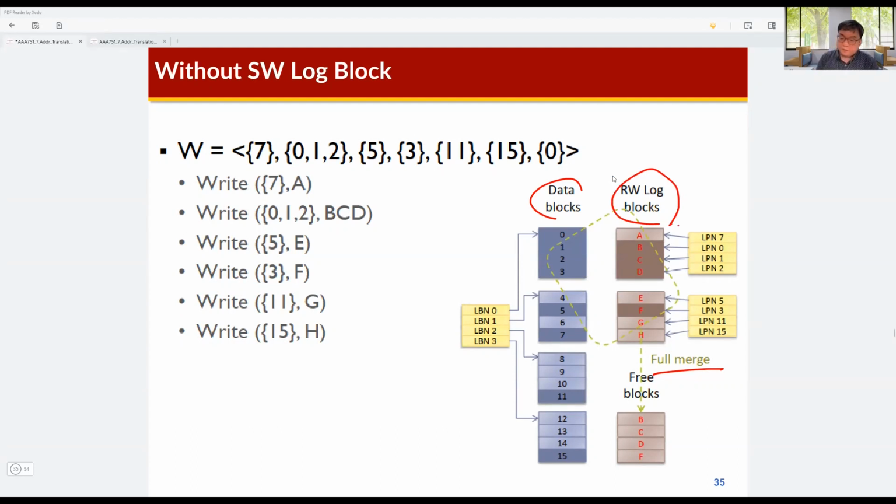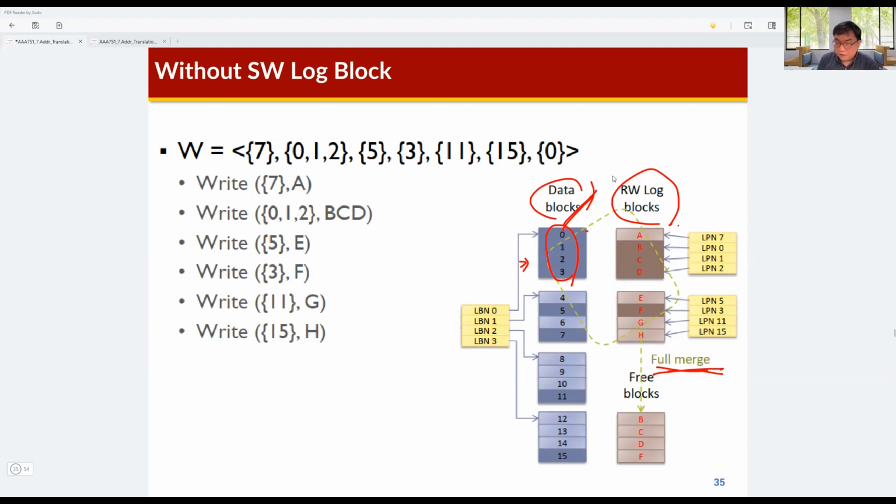And then if there is no available space inside of log blocks, we need to perform the merge operation. In this example, this data block has all updated pages. Okay, then with this information, we know that we can make the new data block from the log blocks.